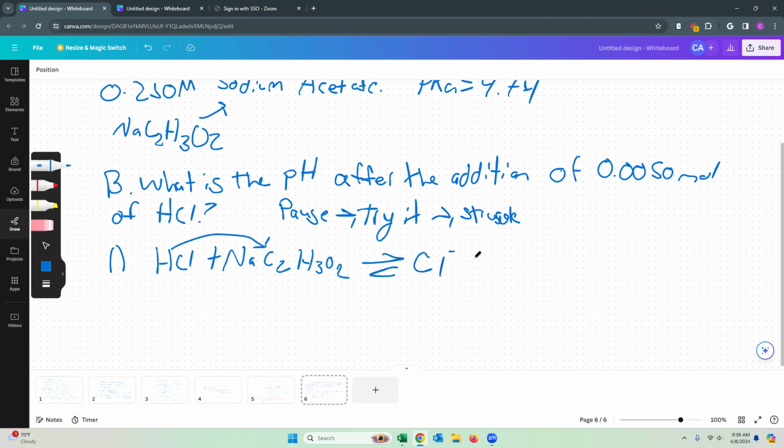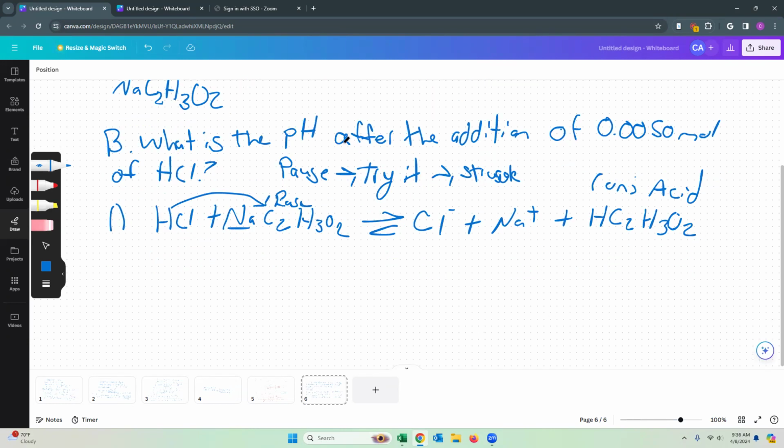So I make Cl minus. That sodium pops off as well. And I'm going to remake my conjugate acid. Right, so this was my base. This is my conjugate acid. Now let's make our ice table.